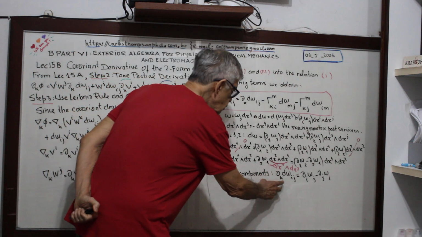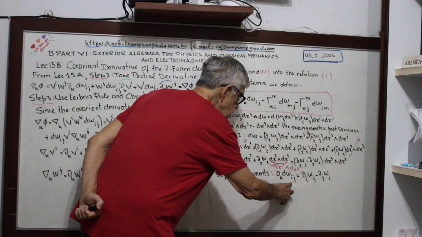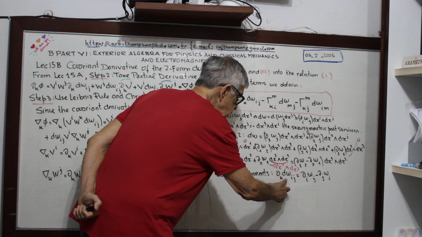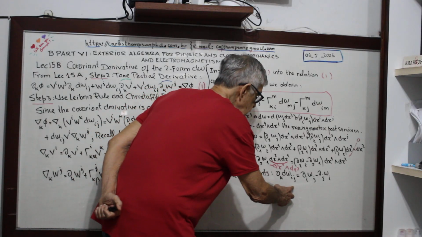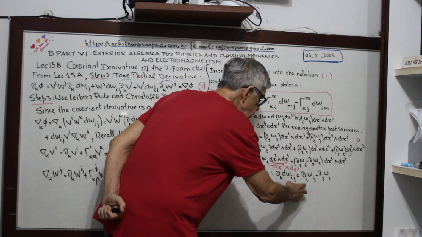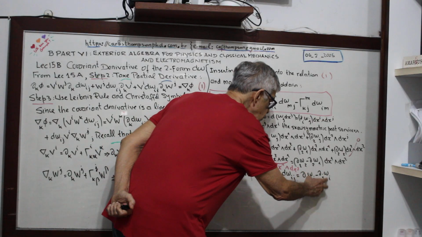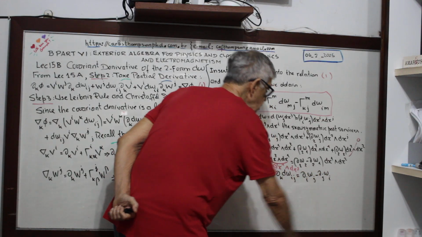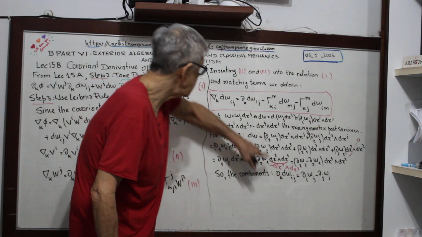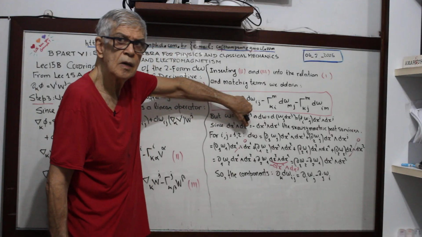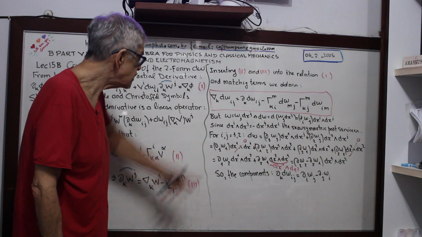So partial with respect to xk of this covariant, in this case, the d omega ij, you see, this is identical to partial i omega j minus partial j omega i. I can, if you want, substitute this over here right there. So, no problem. But that's it.